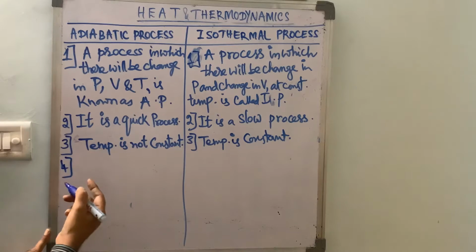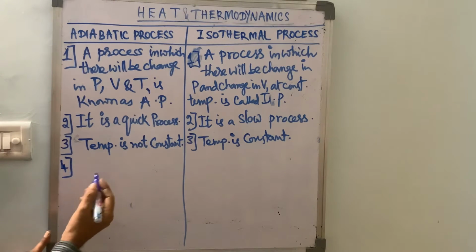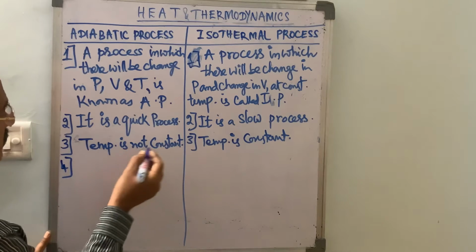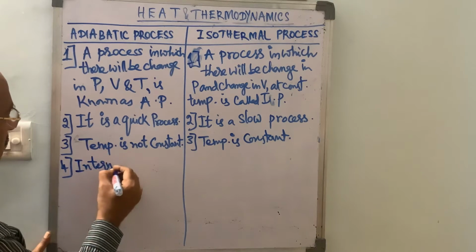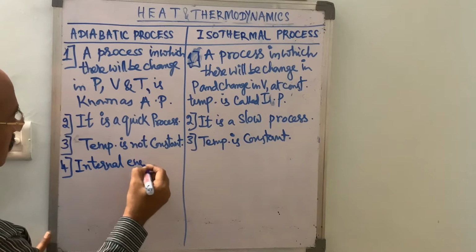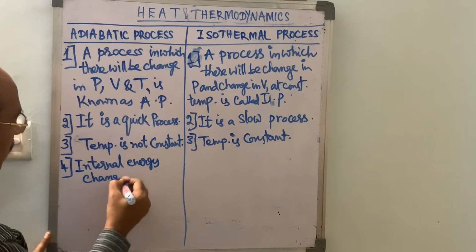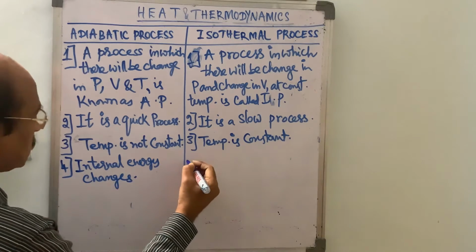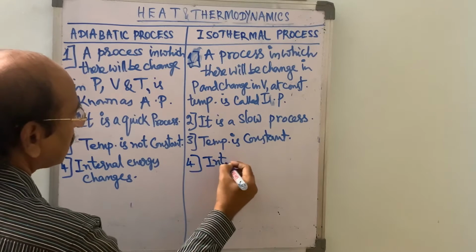All the three quantities, temperature, pressure and volume, change. In the isothermal process, temperature is constant. So as temperature is not constant in the adiabatic process, internal energy is not constant. Internal energy changes in the adiabatic process, while in the isothermal process internal energy remains constant.